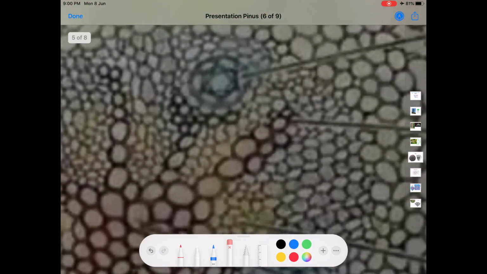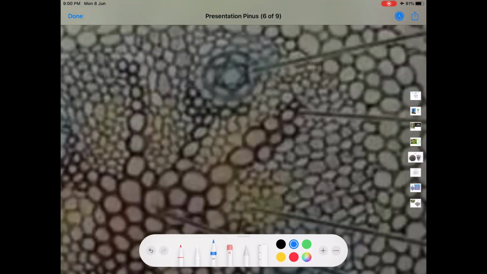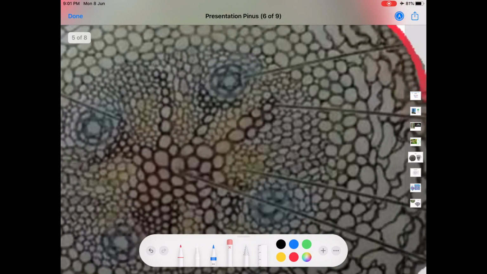You can see a bifurcation of protoxylem towards the periphery, and this protoxylem will be giving the shape of letter Y. And in the bifurcation you can see the resin canal. These resin canals are seen in protoxylem bifurcation.